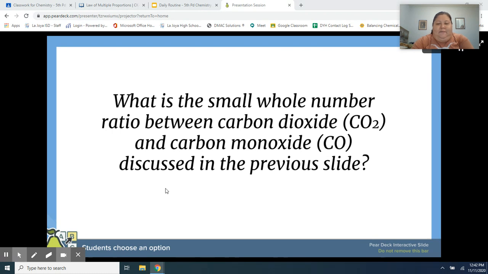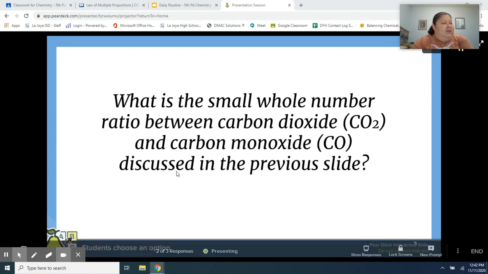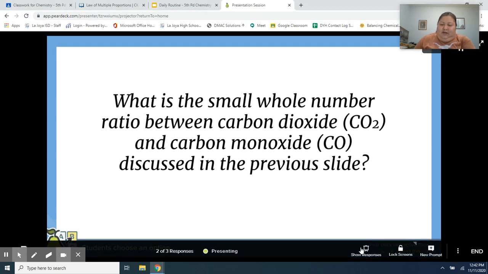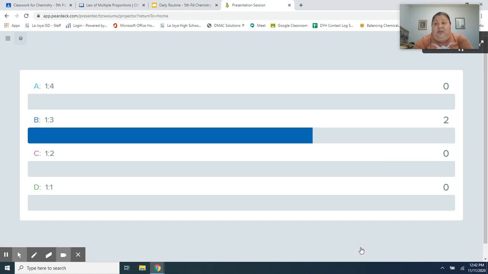What was the number? Anybody else want to take a stab at it? Melissa, Efrain, Arlette, Kevin, Mario, Jose. Take a guess. Over here in the Pear Deck, I got 2 people who say that it's B. The ratio is 1 to 3.